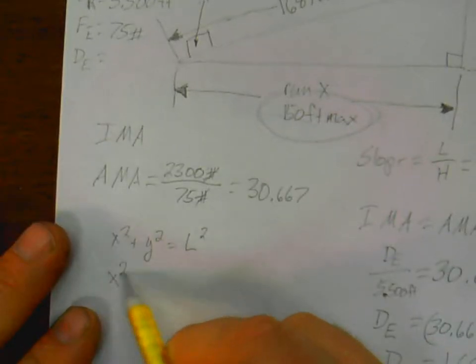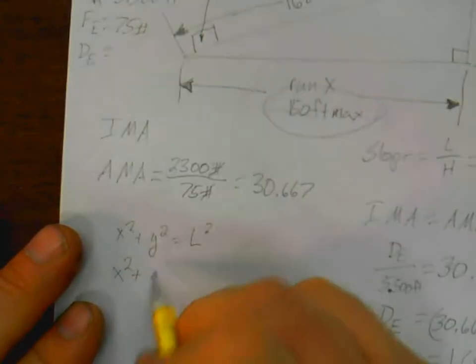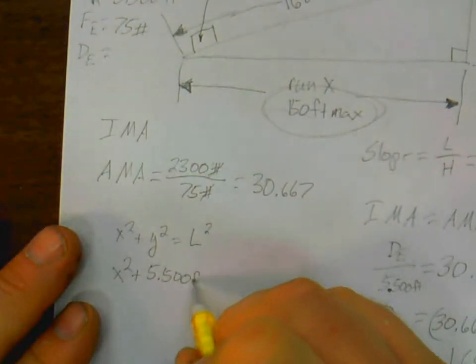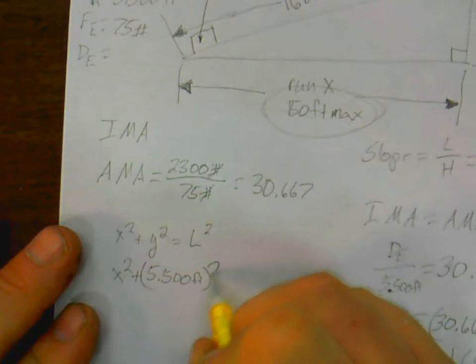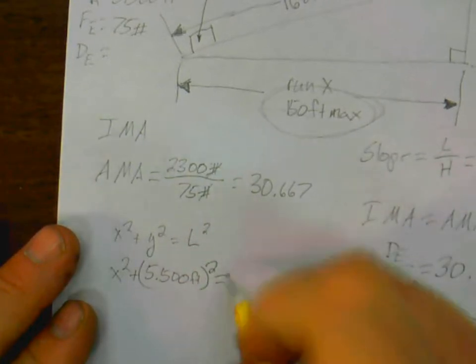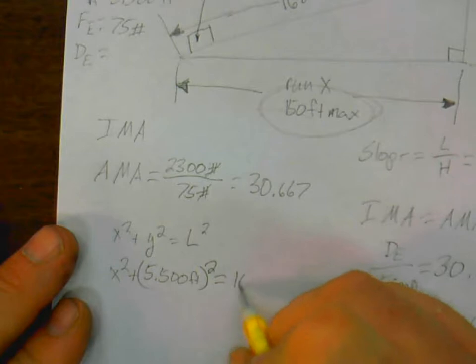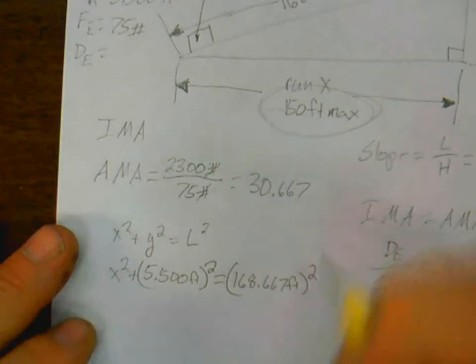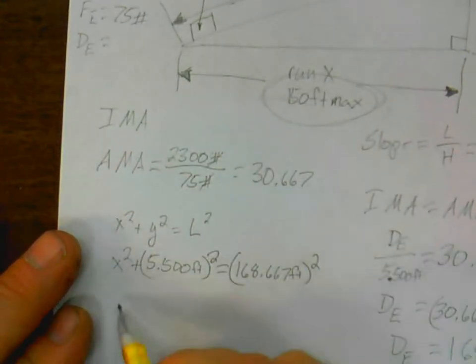Now it's just a matter of solving for x squared. We subtract 5.5 feet squared from both sides of the equation, and I end up with 168.667 feet squared minus 5.500 feet squared.